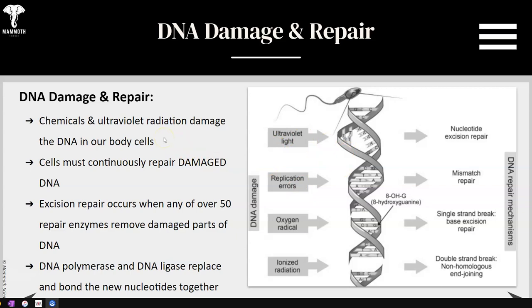Now, why would it need to do that? Well, you can have DNA damage and repair. We talked about that back when we did the cell cycle. We talked about mutagens, chemicals or ultraviolet radiation that damage the actual cells in our body. Cells must be continuously repaired because of DNA damage that we are exposed to.